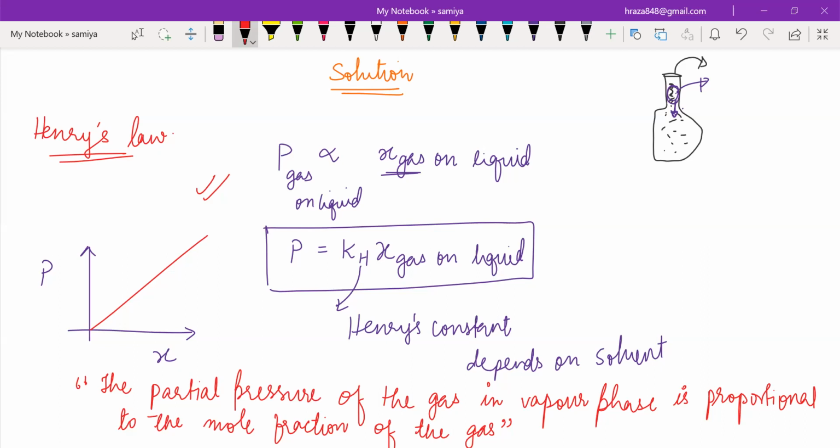Let me know when you are done with this. This Kh, Henry's constant depends on solvent.